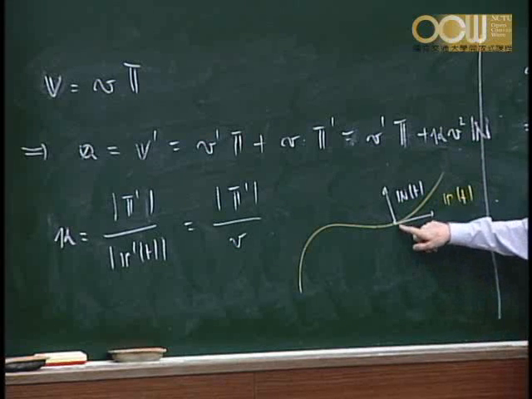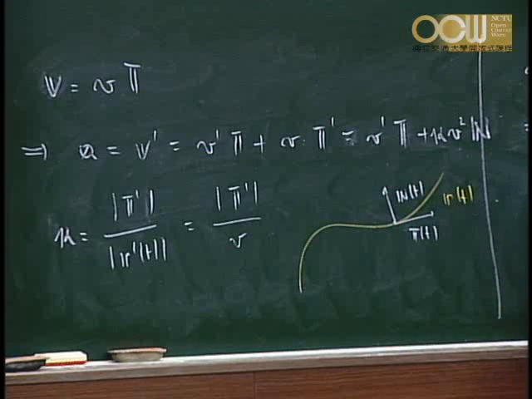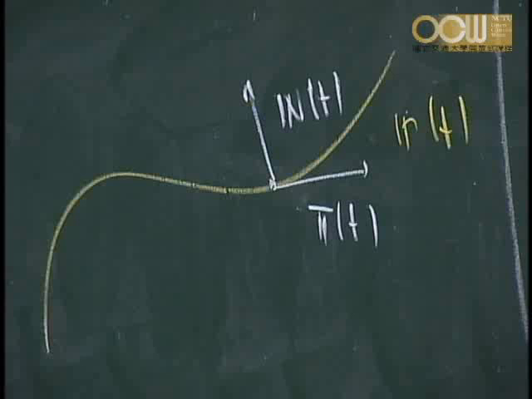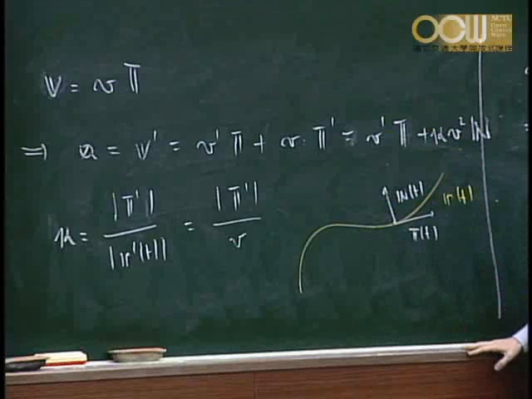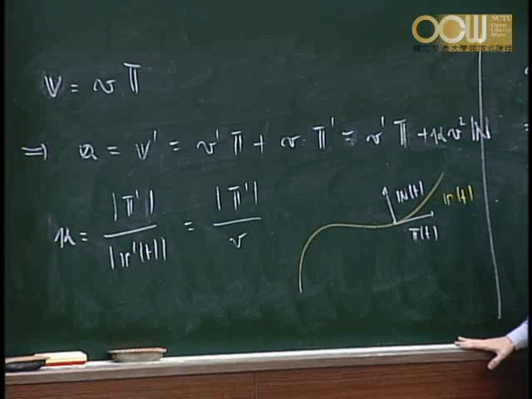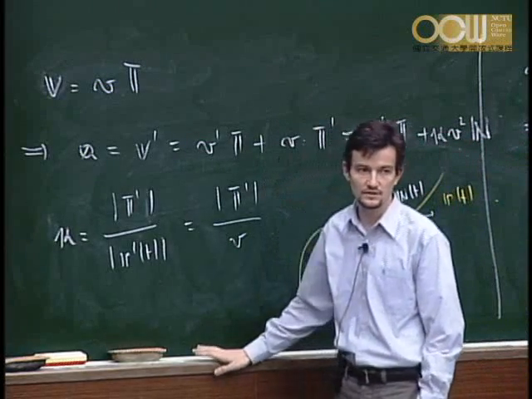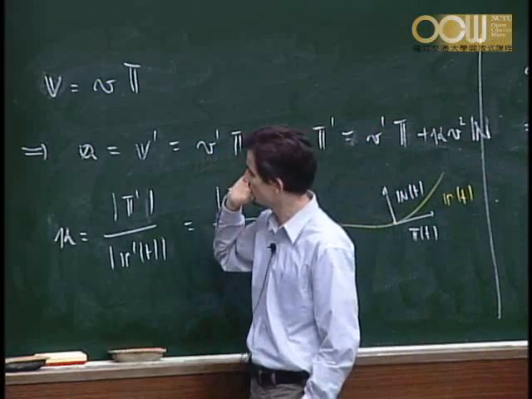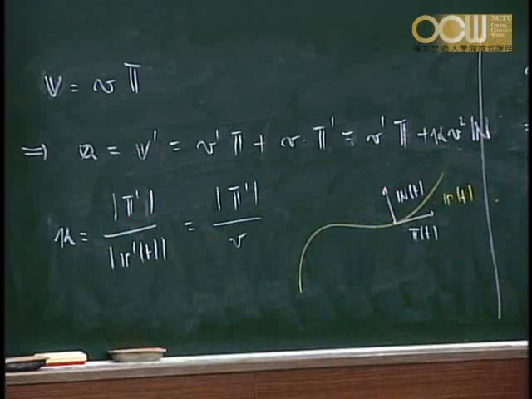And you see that this component which is perpendicular to the motion, its length depends on the curvature, and of course this makes sense because you know that by Newton's second law of motion, the acceleration and the force are proportional.